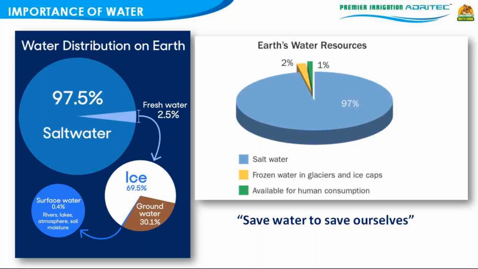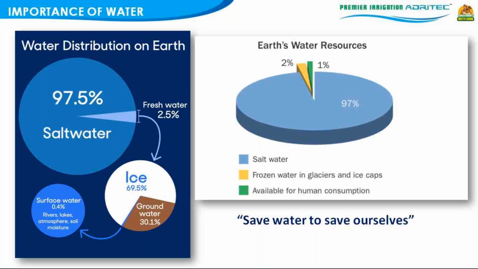In this 2.5%, when you break it down further, almost 69.5%, that is close to 2% on the whole, is frozen in glaciers like the Himalayan ones or the ice caps, which is not available for drinking or for irrigation. So what is really available is basically only 1%.